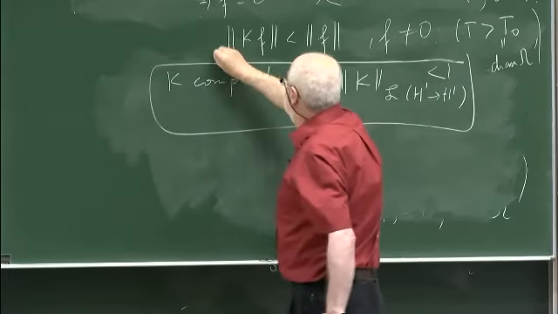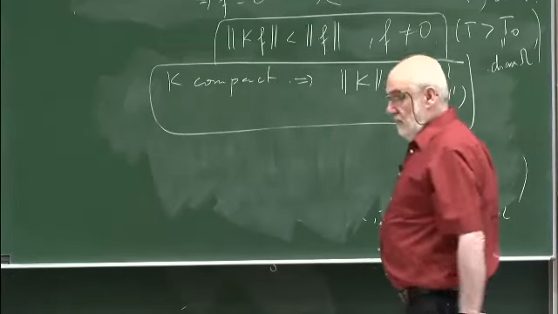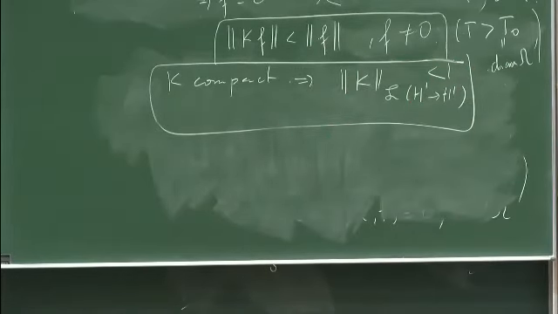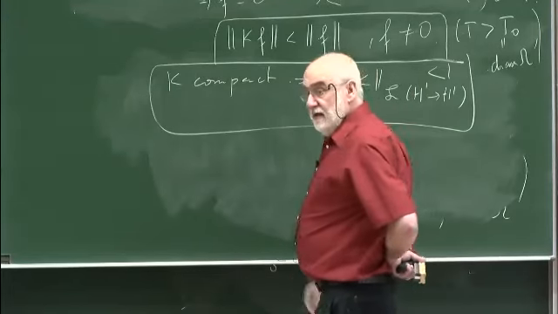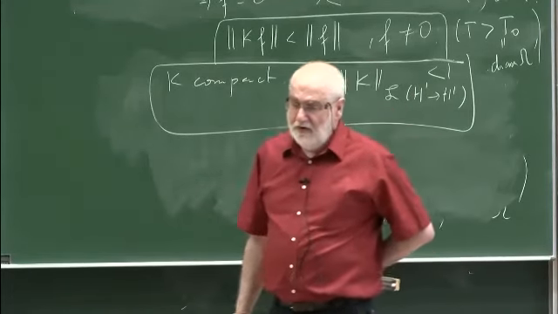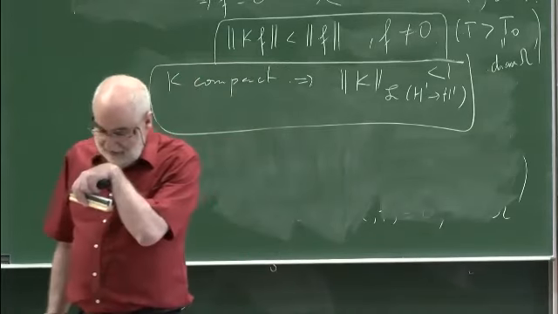So these two facts imply that the norm is strictly less than 1. Okay. And so that's the end of the sketch of the proof. I didn't do all the details, but I hope I give you an idea.